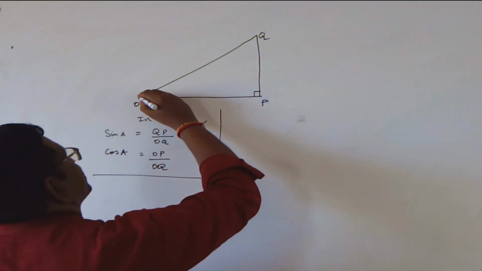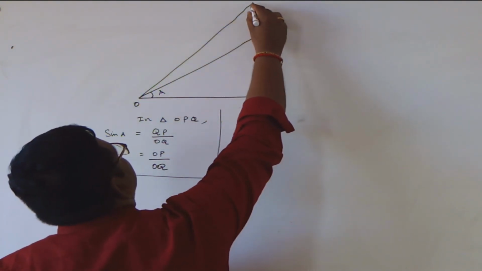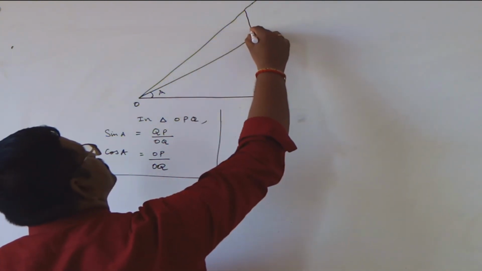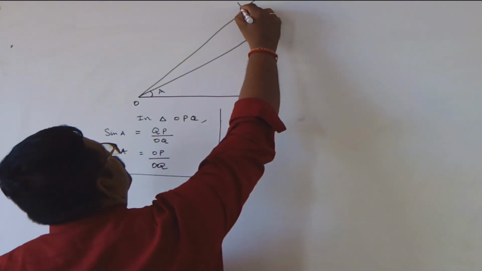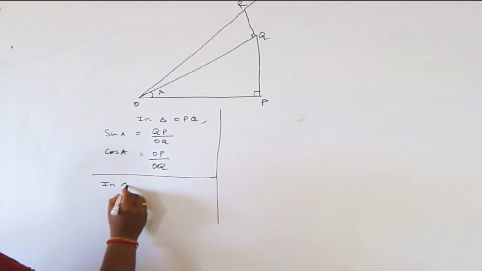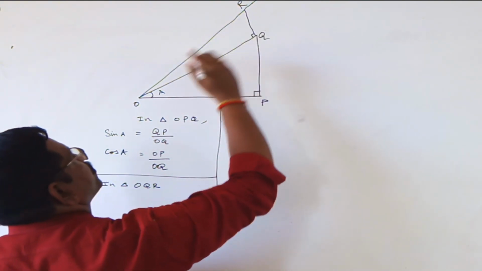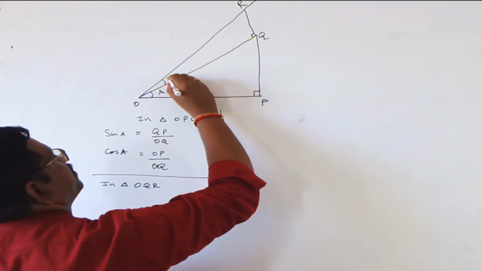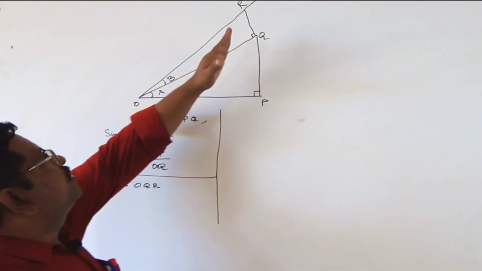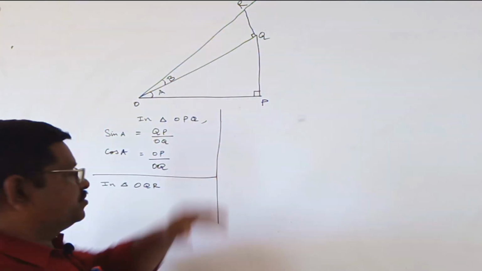Now we take another triangle, say OQR. Here we are taking triangle OQR, right angled at Q, making an angle B. In this right angle triangle, OQ is the adjacent side, QR is the opposite side, and OR is the hypotenuse.